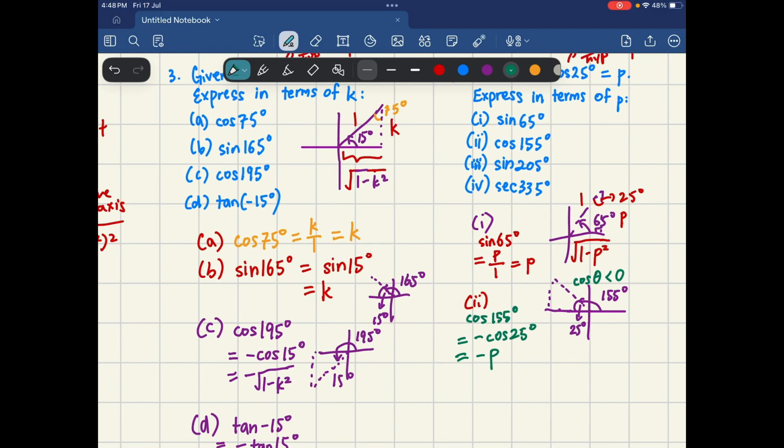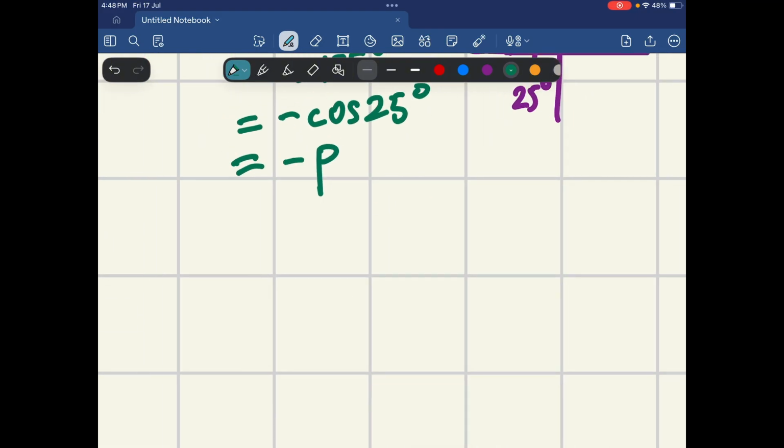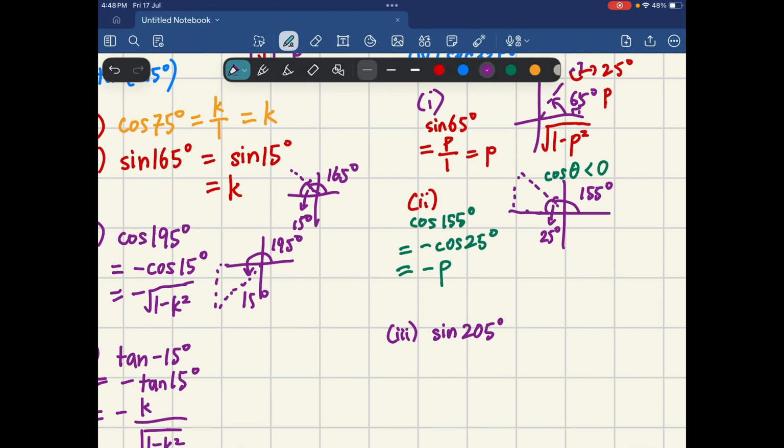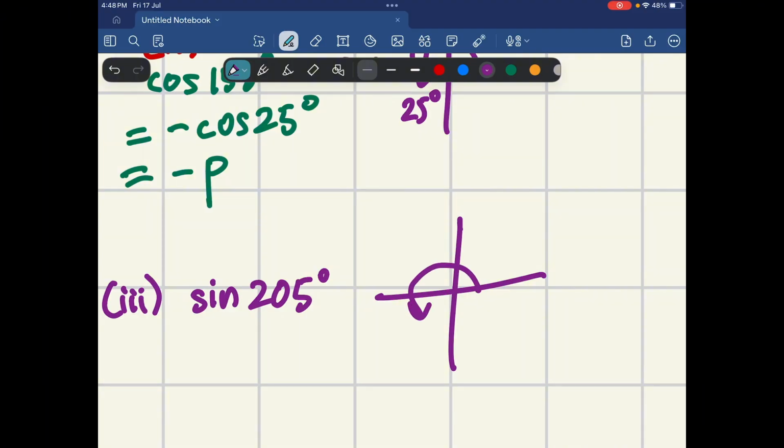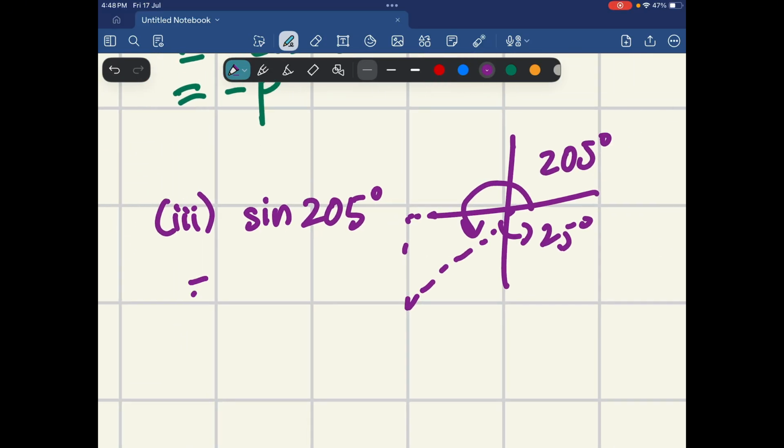For III, we want to find sine of 205 degrees. So again, we'll have to draw out our diagram. 205 degrees, our reference angle will be 25 degrees. And here, since we are in the third quadrant, sine will be negative.